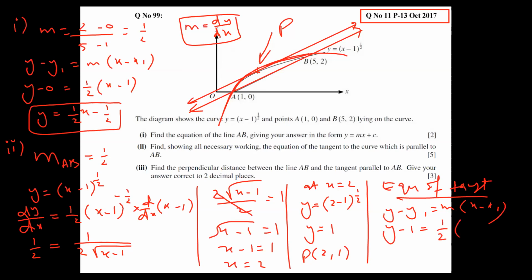I hope you got it. So (x minus 2), multiply by 2 there: 2y minus 2 equals x minus 2. And reshape it, and ultimately you can say 2y is equal to x only. This is my answer because the 2 and 2 cancel. You can see this 2 and this 2 cancel. So this is my answer for the equation, writing it this way or as you wish. So we have done it.